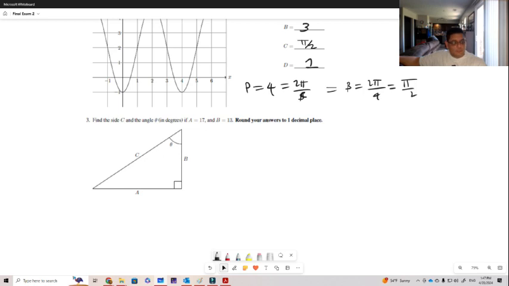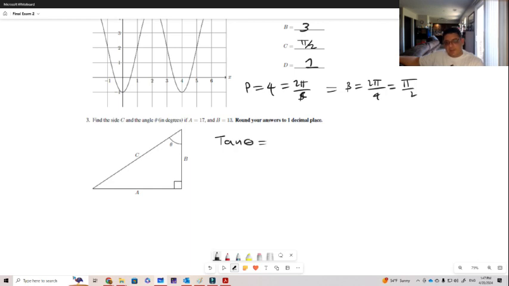Now, for question number 3, we have to find the side c, so the hypotenuse, and the angle theta in degrees if we have that a is equal to 17 and b is equal to 13. And we want to round values here to 1 decimal place. So we can use the values a and b that we know. We can use tangent of theta. And notice that theta this time is here.